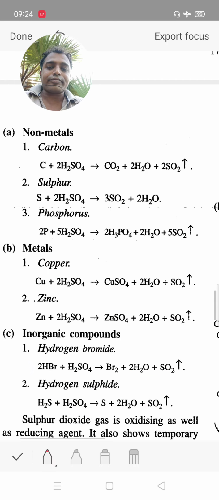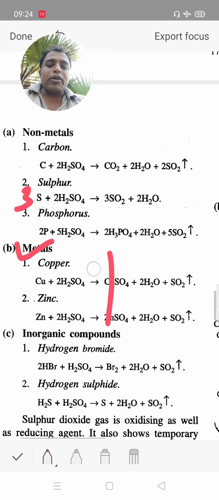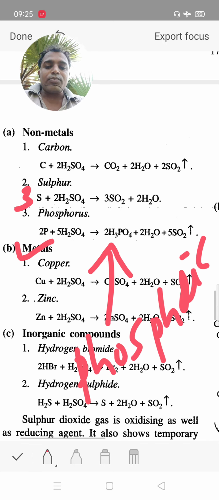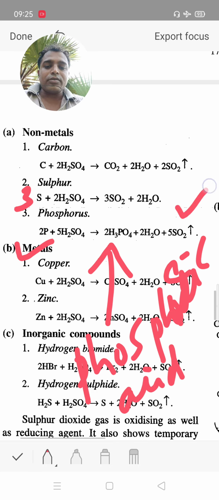Next, phosphorus reacts with sulfuric acid. We get the products phosphoric acid and sulfur dioxide. Phosphoric acid and sulfur dioxide evolution.